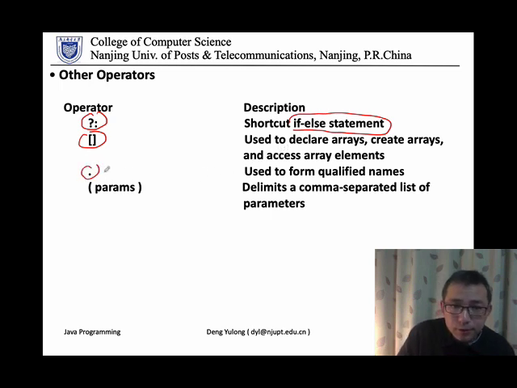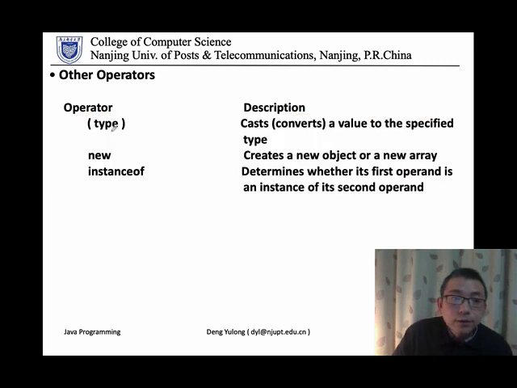And then the dot. The dot in the qualifier name, we use it to form a qualifier name. And the parenthesis, inside the parenthesis is a parameter. Okay, we have the type inside the parenthesis, and this type means we make a cast operation. What does cast mean? From one type to another, to a specified type, we use this operator.